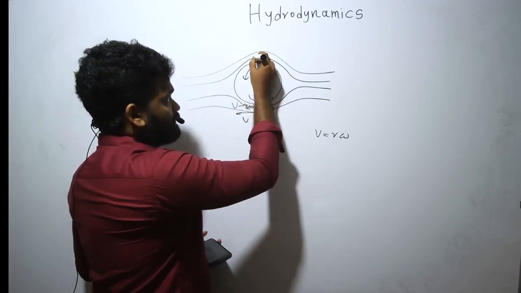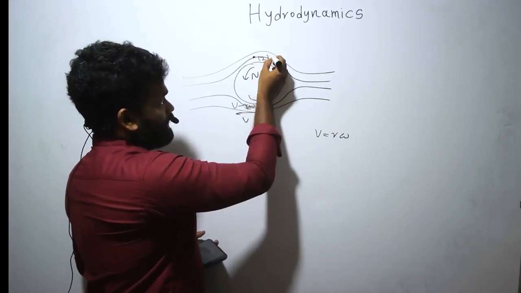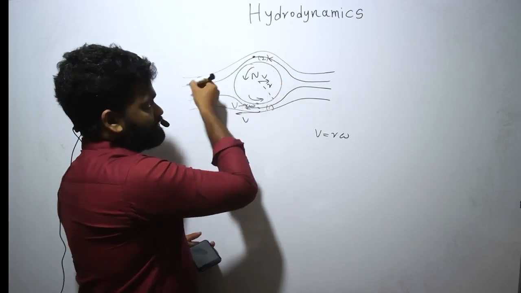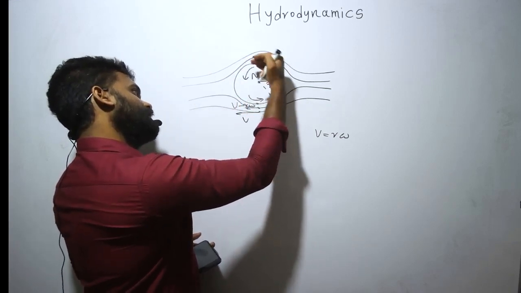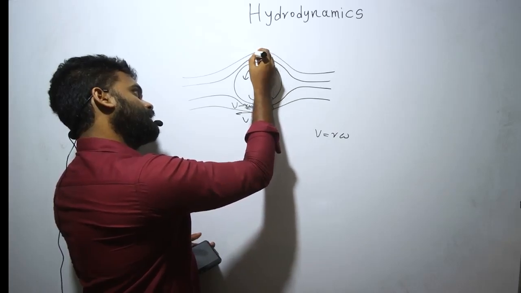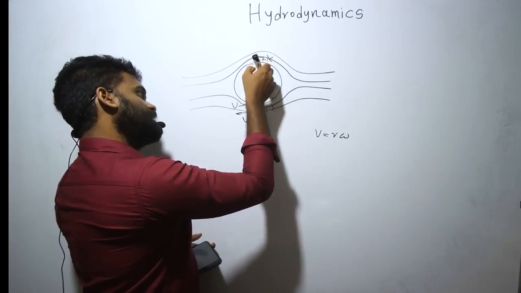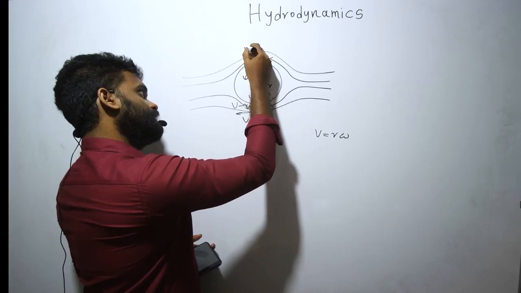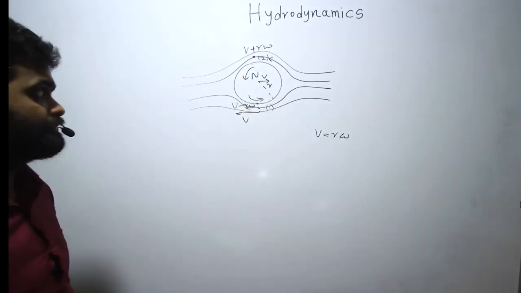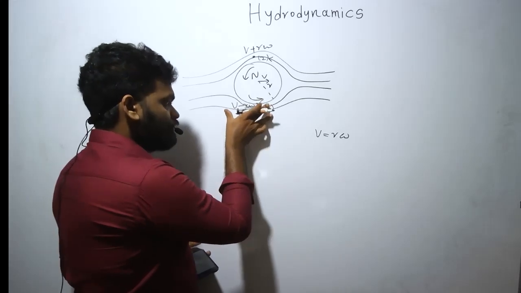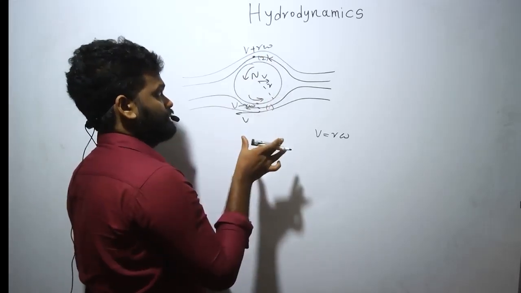Then think about air particles here. The air stream is trying to move to this side and this surface also is moving to this side. So the air stream has an additional velocity r omega. So the velocity here should be v plus r omega. Okay. So low velocity, high velocity.